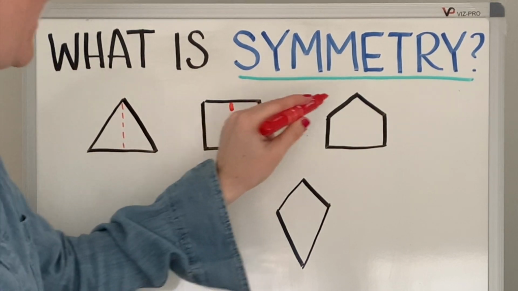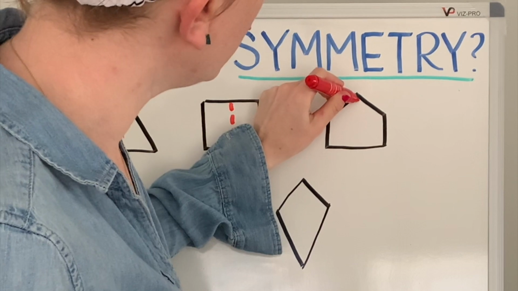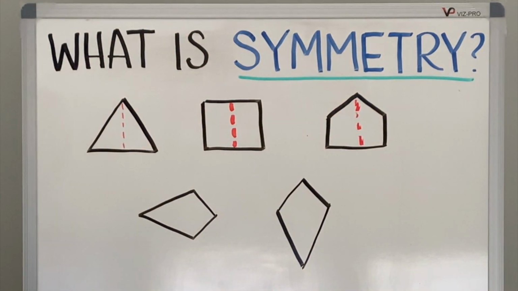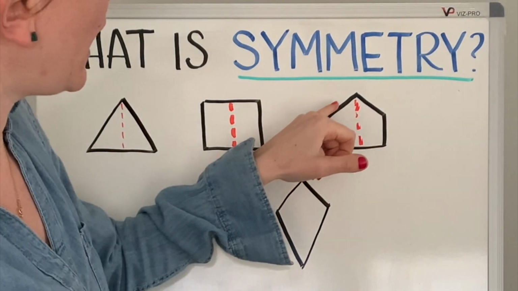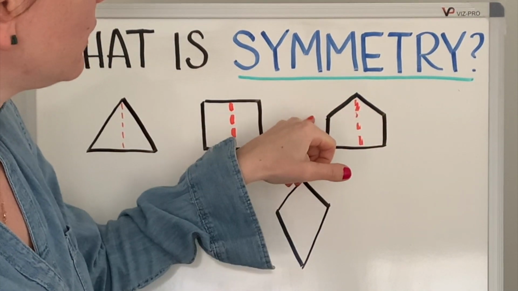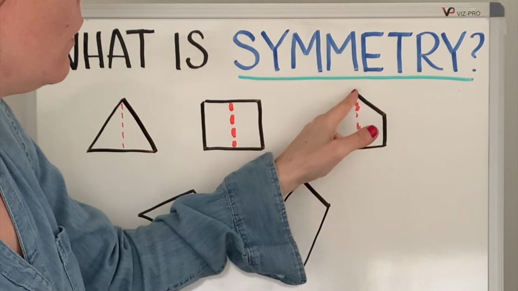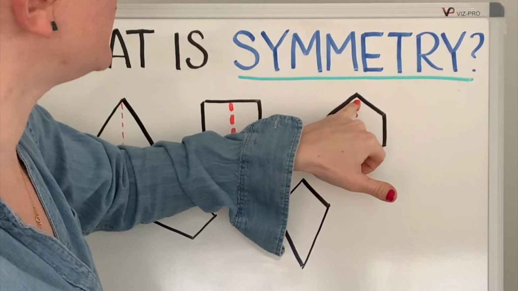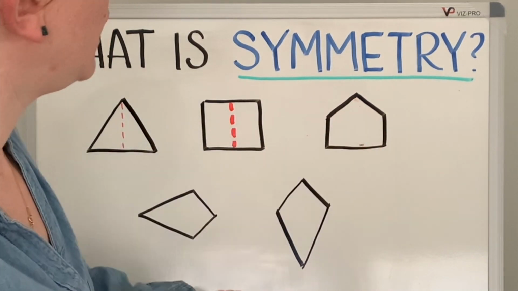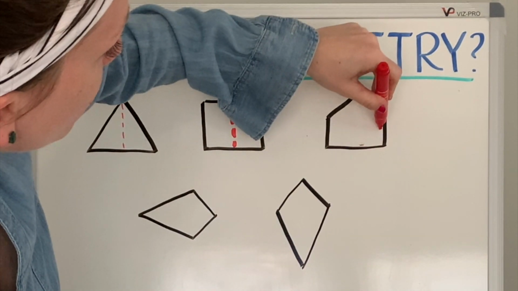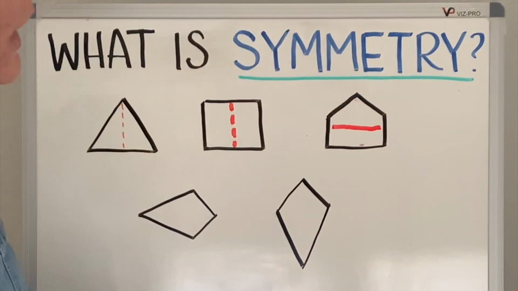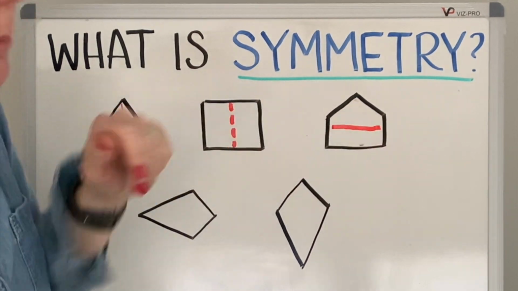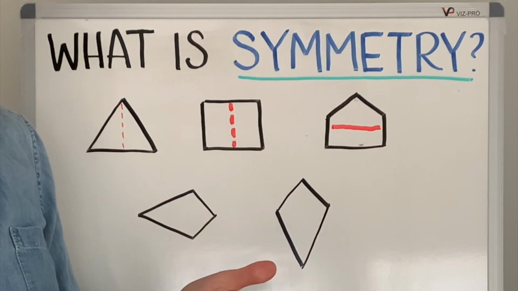Let's take a look at this shape here. If we put a line down the center, it does show symmetry. So we have a diagonal line here that if folded over would match this diagonal line here. Now, if I erase this and I draw a line halfway through this direction, if I folded the top over the bottom, would that be symmetrical?